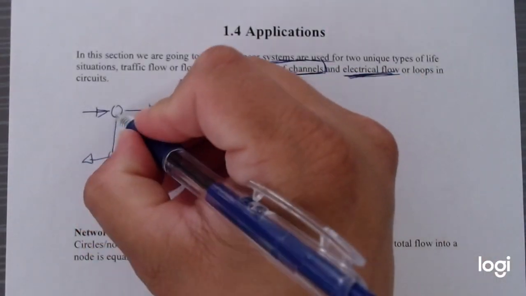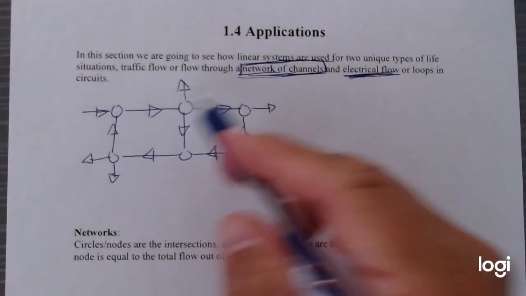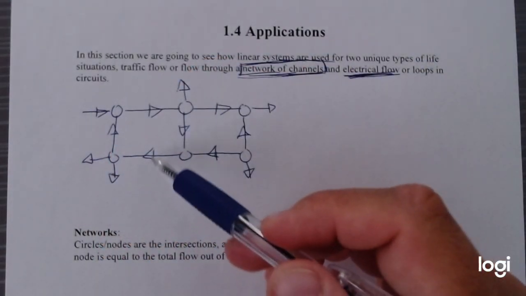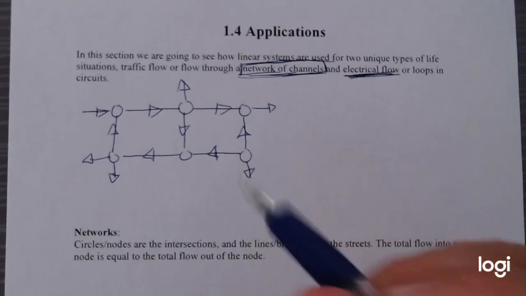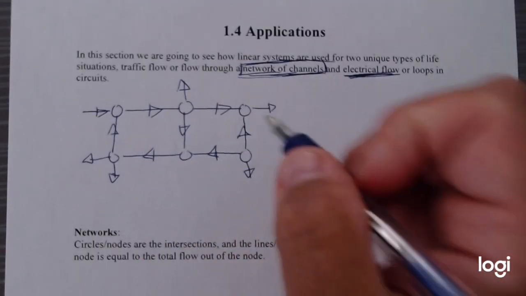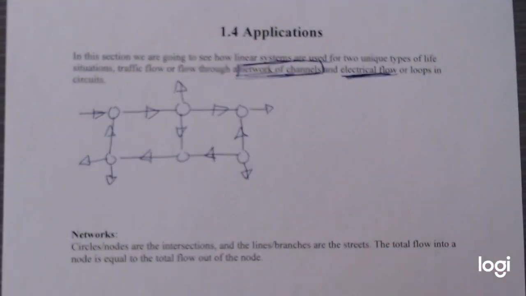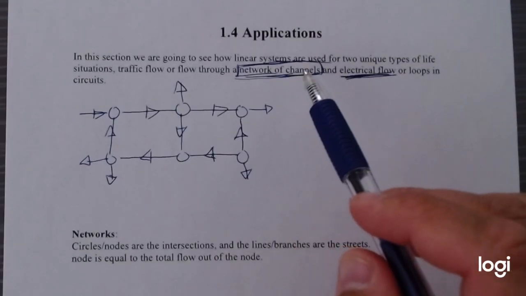Kind of like that. It's kind of like a flow of traffic, whether each one is like a light or a stop sign, right? So anything like that, even water propulsion goes through, right? Or these are like the drain pipes. So that's what network channels are.